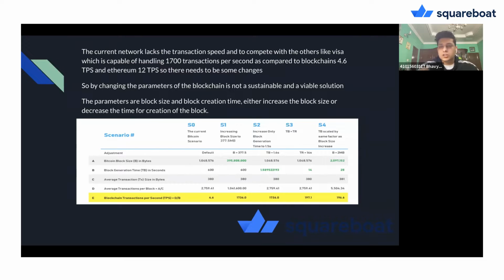Just increasing parameters like the block size, or decreasing the block creation time, won't help, because that would only raise transactions to a certain limit. Even combining both things into a hybrid structure won't help, because in that scenario it could be increased to around 200 transactions per second, but that is still much less than platforms like Visa, which handles 1700 transactions per second.